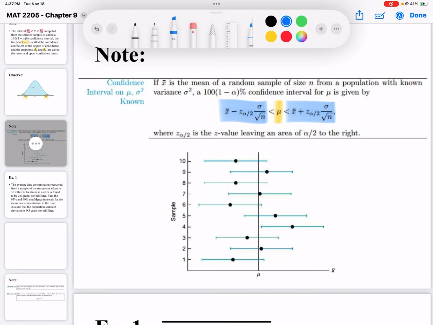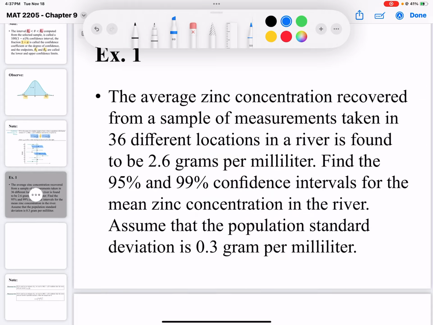Whatever that mean is, there's an 85% chance it would be on this line somewhere, or a 99% chance. So now, along with our estimate of what our mean could be, we're also going to have an interval along with a percentage of certainty that our population mean lies in that interval. Okay? All right, let's look at example 1.